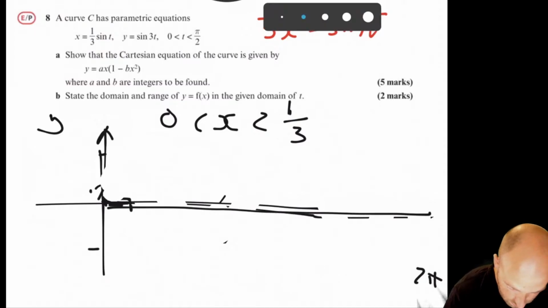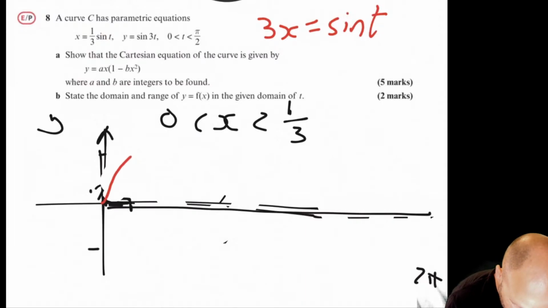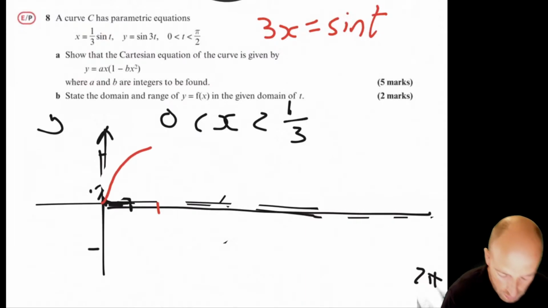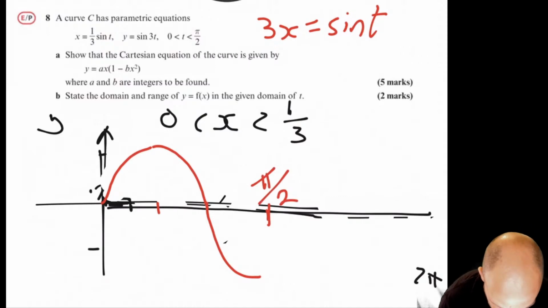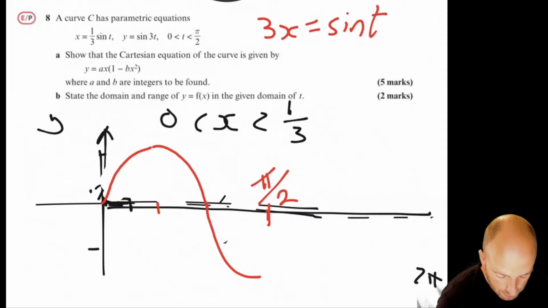So 3 lots of, well, if we just go from 0 to pi by 2 and then put 3 lots in there. So sine normally would go to there at pi by 2. We're going to get that times 3, so we're going to get down again, and then down again, and that's going to be pi by 2. So the range we get there is going to be -1 to 1.